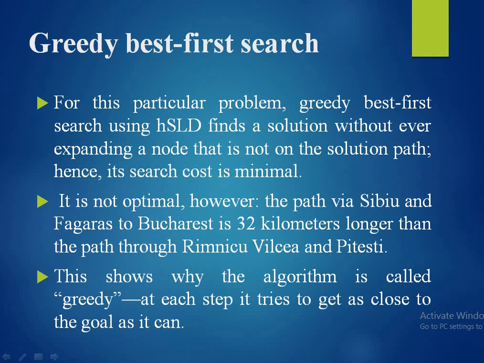The path via Sibiu and Făgăraș to Bucharest is 32 kilometers longer than the path via Râmnicu Vilcea and Pitești. This shows why the algorithm is called greedy: at each step it tries to get as close to the goal as it can. That is why this algorithm is known as greedy best first search.